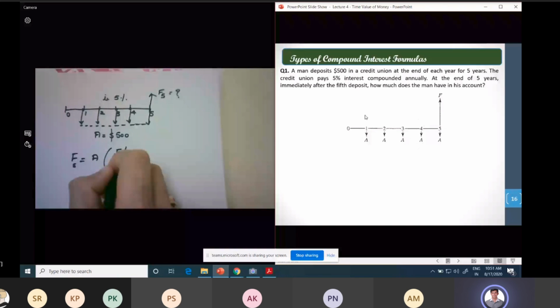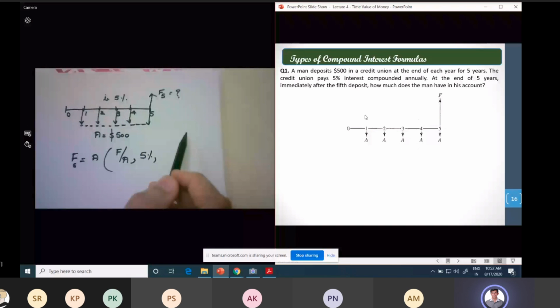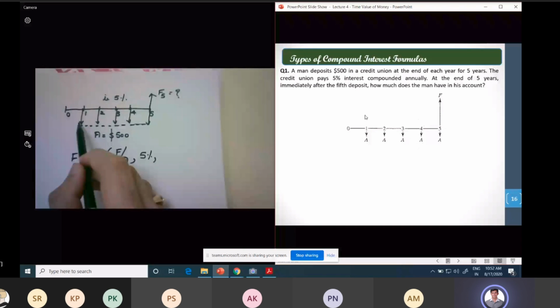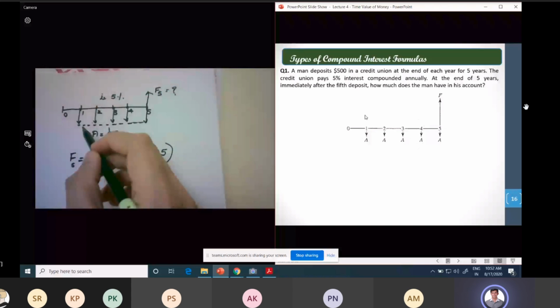F will always be in the numerator and A in the denominator because I want to calculate F. Given A, the interest rate is 5% and the number of deposits. You count the number of arrows here, 1, 2, 3, 4, 5, and the value is the same. So 5 deposits and the value is $500, which is why N is equal to 5.